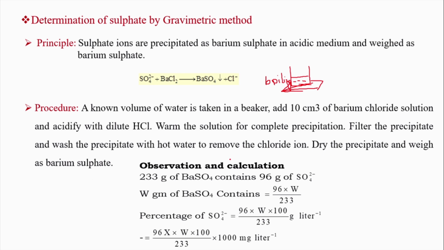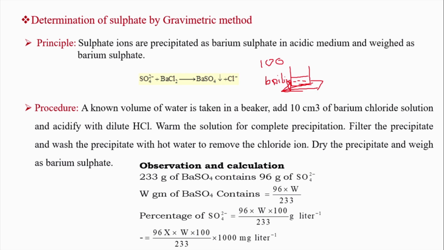I'll repeat again. A known quantity of water sample is taken, preferably 100 ml. The 100 ml of water sample is taken in a beaker, and to this 3 to 4 drops of HCl are added, and it is kept on a hot plate for boiling.